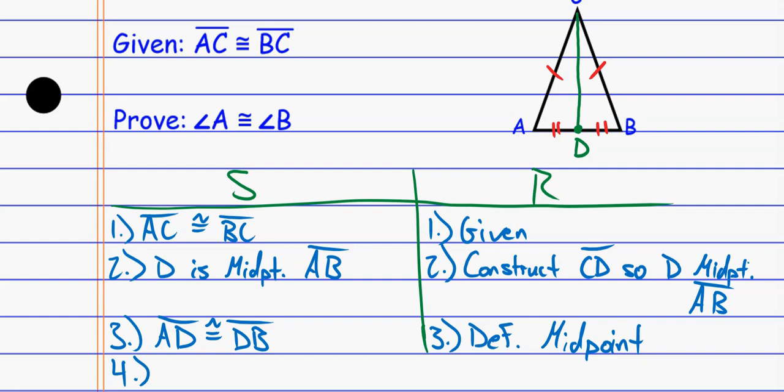So I'm going to say that CD is congruent to itself. And again, that's my reflexive property. I can label that up here. This guy is congruent to itself.